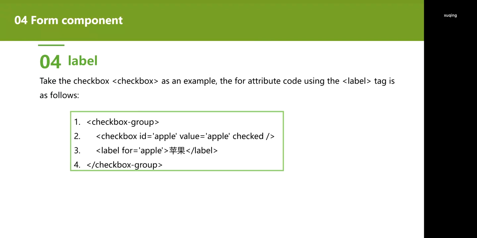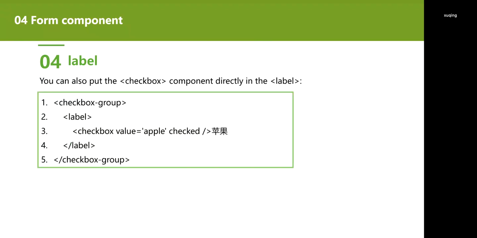This part can also be changed by putting the checkbox component directly in the label. Here the label is outside the checkbox, but we can also put the checkbox in the label, just like this. So we have two ways to write this code.